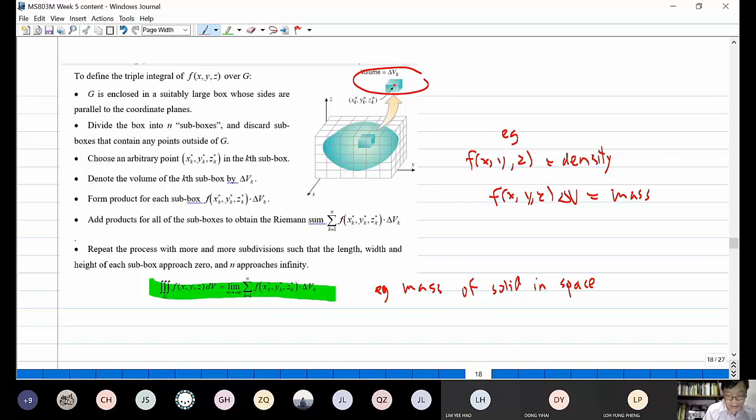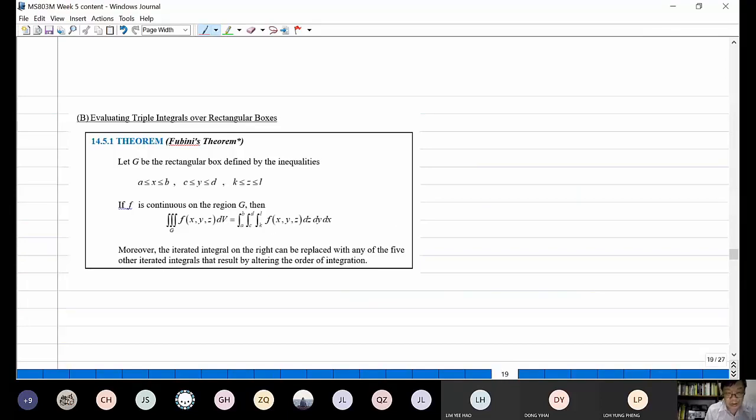Okay, let's look at some results of the triple integral. You know that for this little cube there are x, y, z axes, right? So usually dV can be written as dz, dy, dx, integrated over the space region.